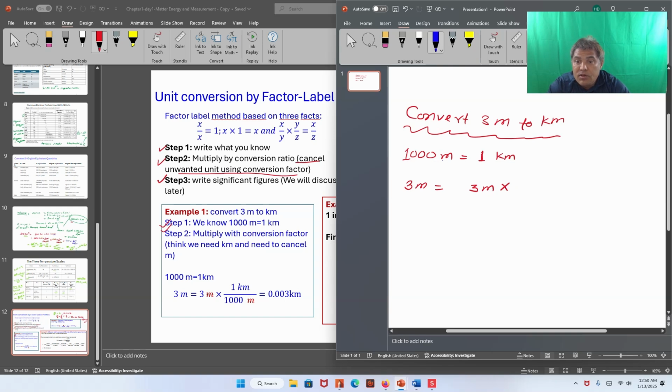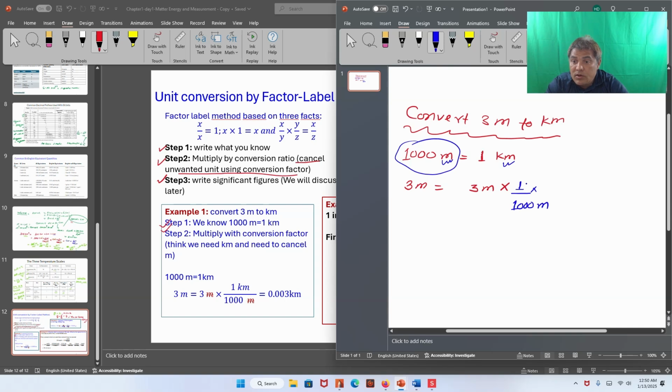Look at that, meter is here, kilometer is here. It means that meter is here, you have to cancel that, so you will write like that, 1 by 1000 meter. You see, this you will write in the denominator because you want to cancel this meter. Okay, and times, then we need the kilometer, right?